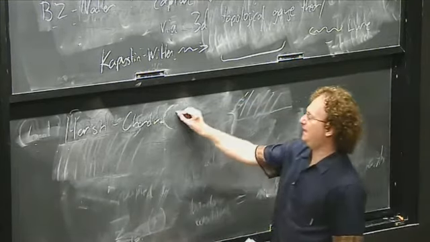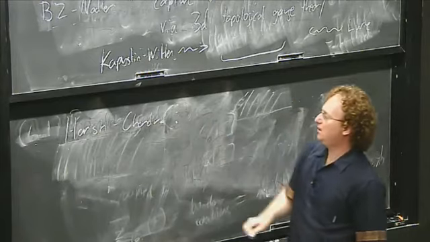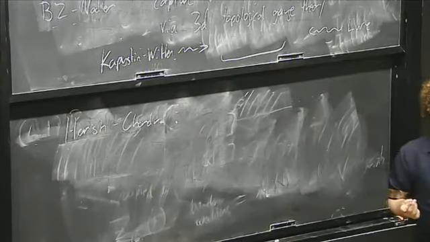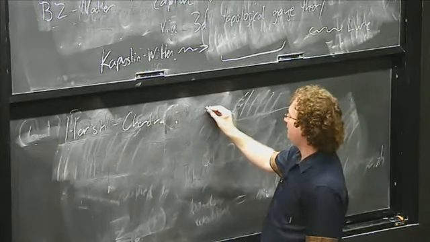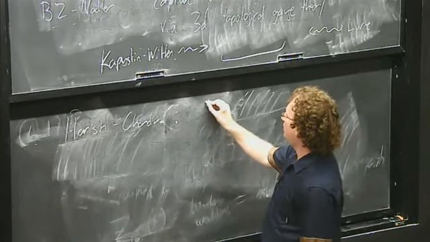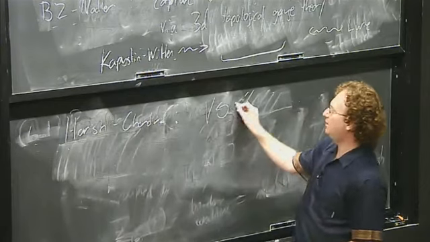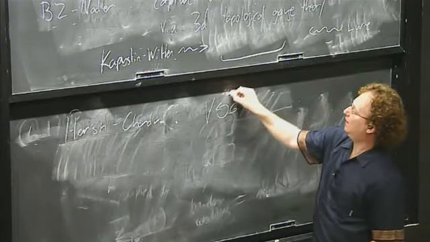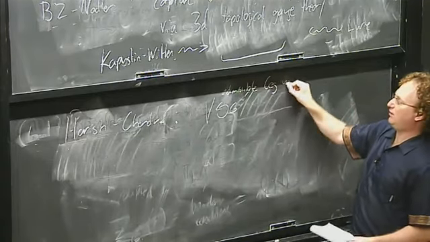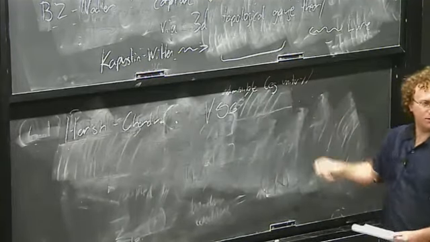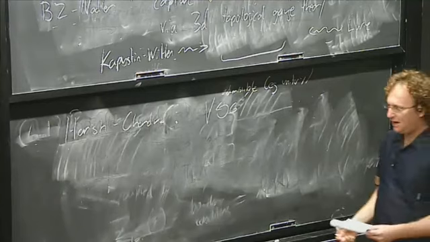And one of the many things he did was define a character for representations. So the claim is that if I give you a real Lie group and a representation V, an infinite dimensional representation, which is called an admissible representation, for example a unitary representation, so this is a large class of infinite dimensional representations, you can define a character.